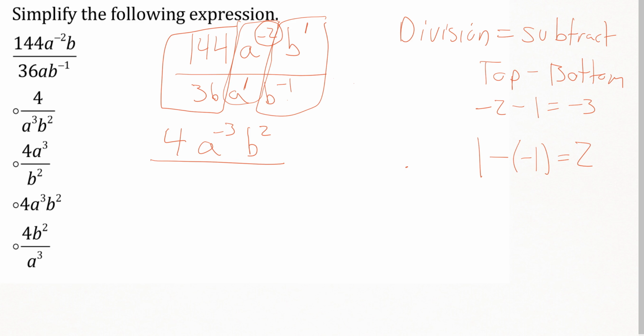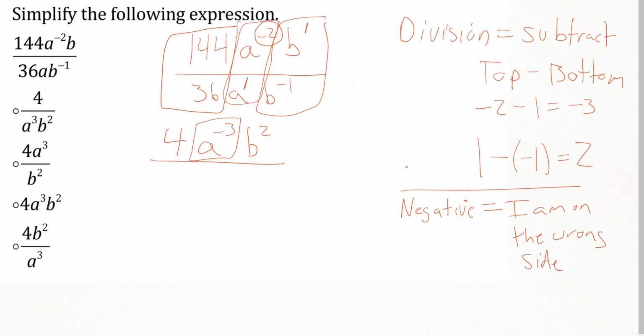You'll notice that what they want you to do is have no negative exponents on a problem like this. And with our a term right now, we do have a negative exponent. All a negative exponent means is I am on the wrong side. It doesn't matter if it's on the top or on the bottom; if it's negative, it's on the wrong side of the fraction.